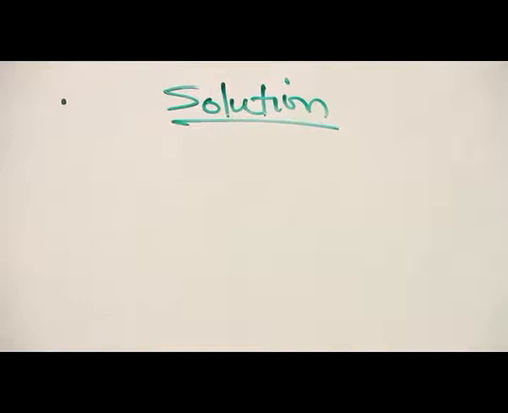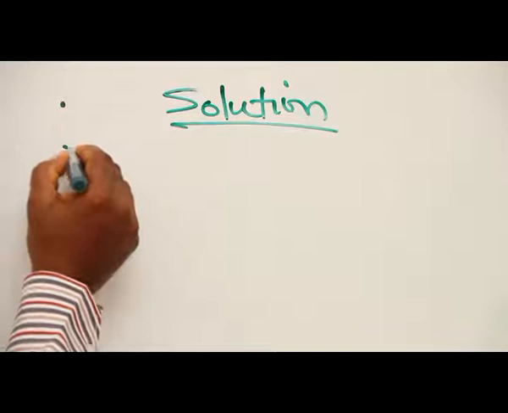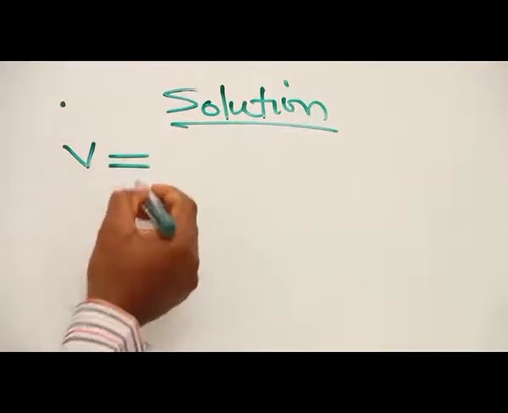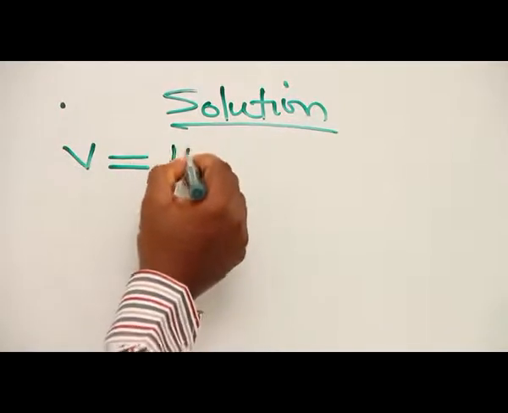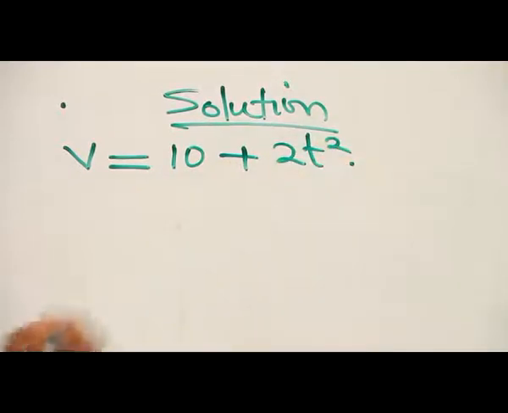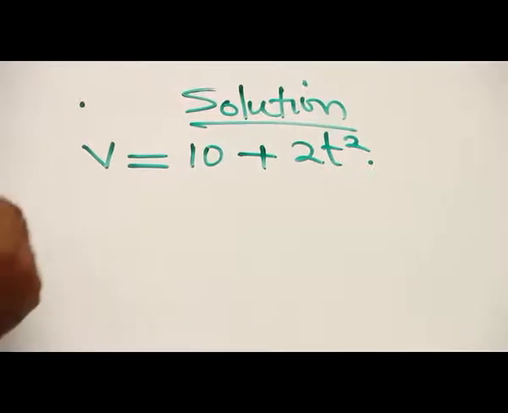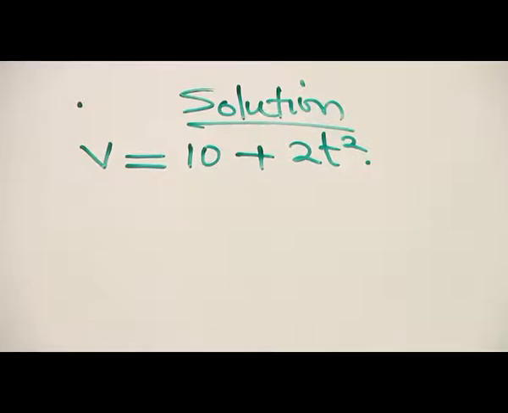The equation that relates velocity to time is v equal to 10 plus 2t squared. The instantaneous acceleration is obtained by differentiating velocity with respect to time.